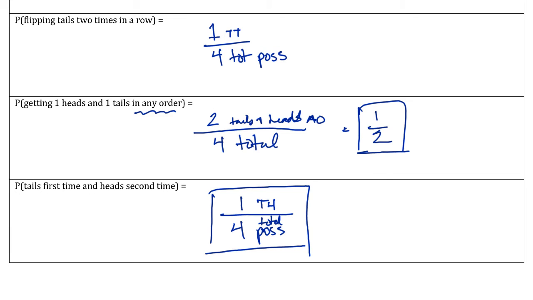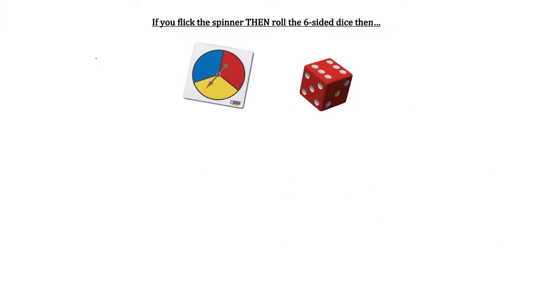Okay, so let's make it a little more complicated. We'll flick the spinner, and then we'll roll a 6-sided dice. So we have the spinner. You can either get a blue, red, or yellow.